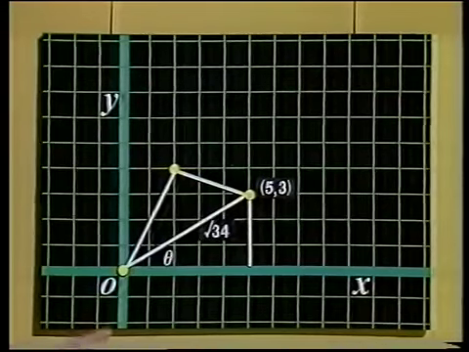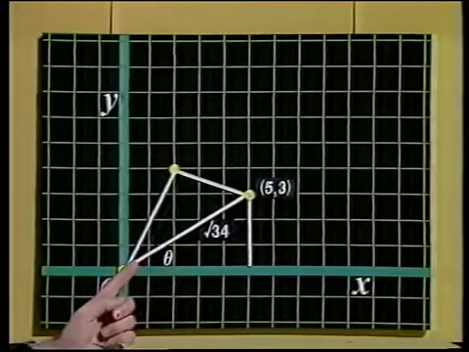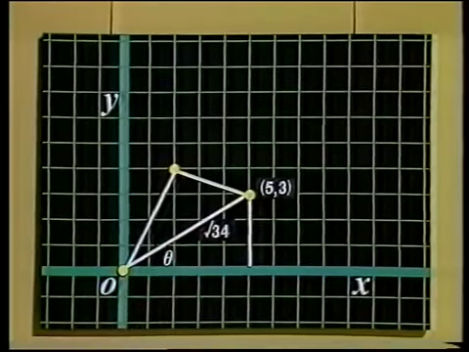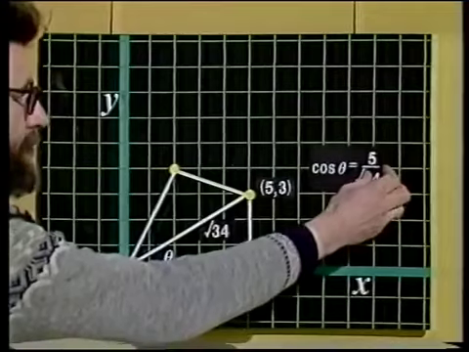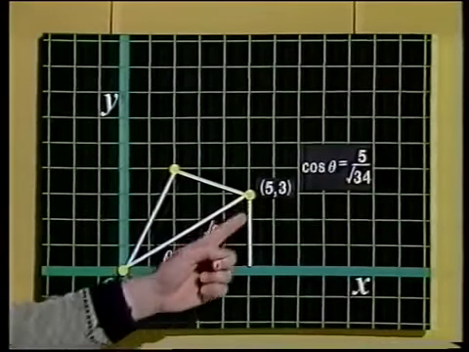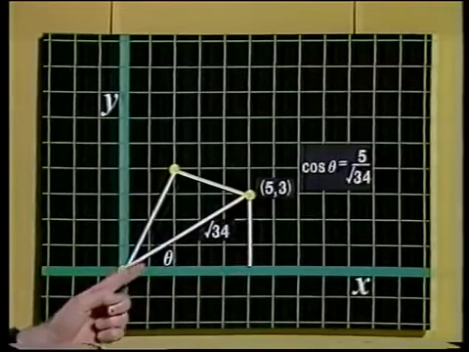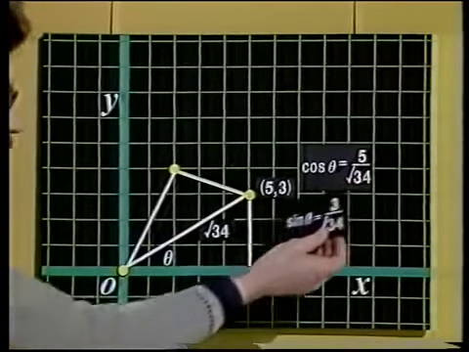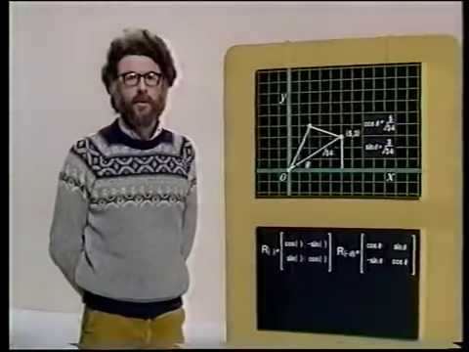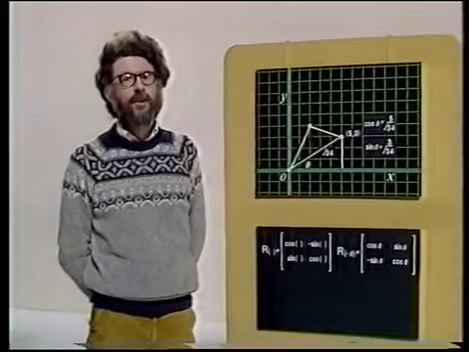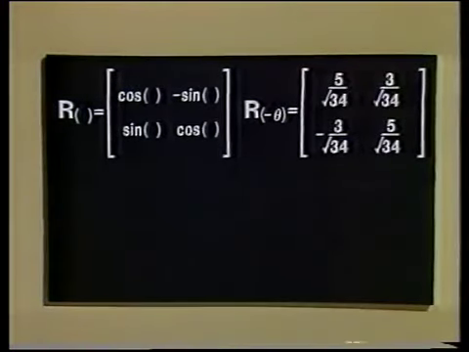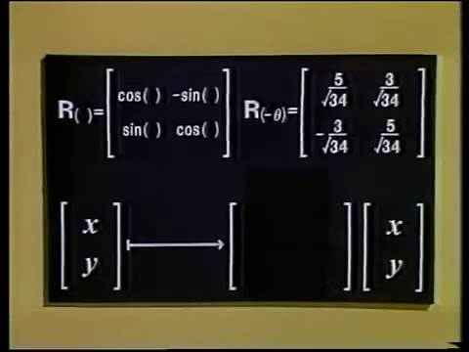So cos theta is this distance over this, which is 5 over root 34. And sine theta is this distance over this, which is 3 over root 34. So, now we know the entries in the rotation matrix. And that gives us the matrix form of the rotation.